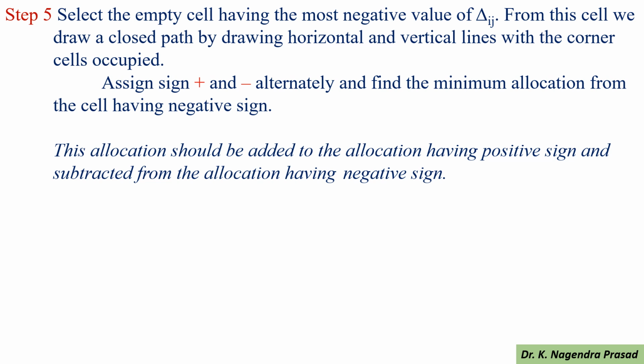Then we assign the signs plus and minus alternately and find the minimum allocation from the cells having the negative sign. This allocation should be added to the allocations having a positive sign and subtracted from the allocations having a negative sign.